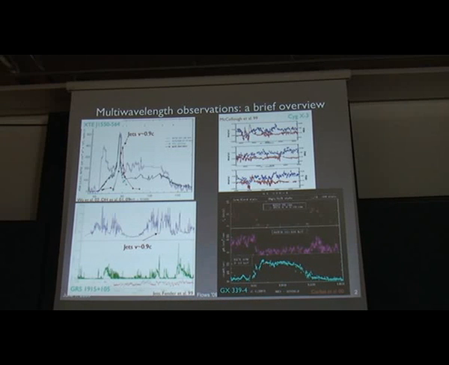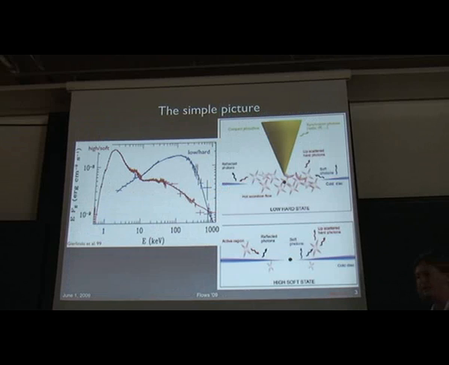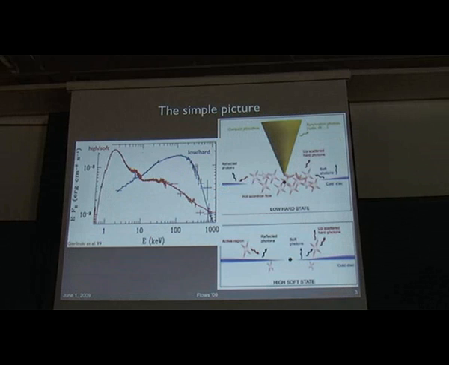The reason we observe all these sources at all these wavelengths is so that we can try to come to a comprehensive picture of the different emitting regions in them. Very briefly, Stefan did already talk about this, the very simple picture that we have for X-ray binaries: you have the X-ray spectrum, and in the high soft state the spectrum is dominated by the disk component.